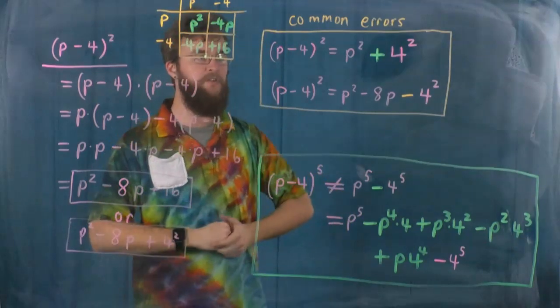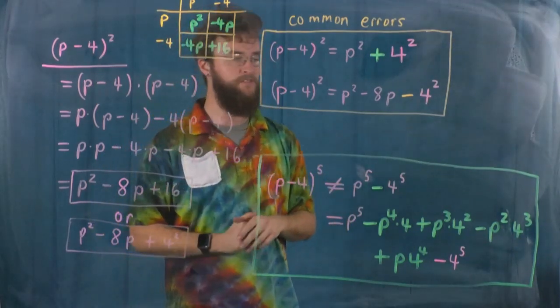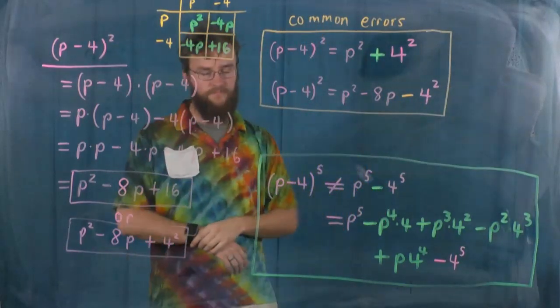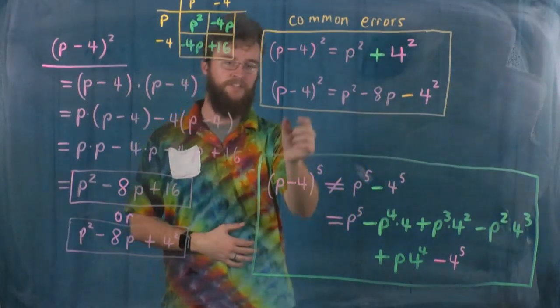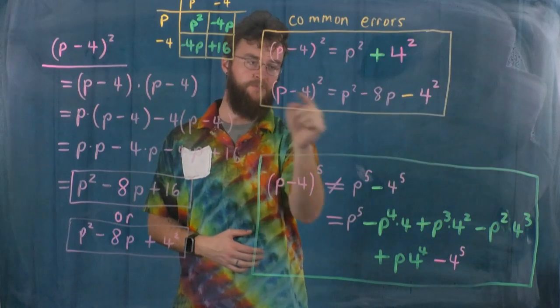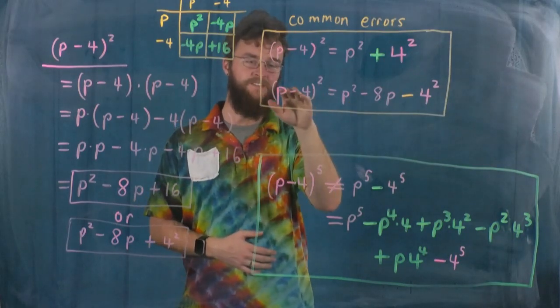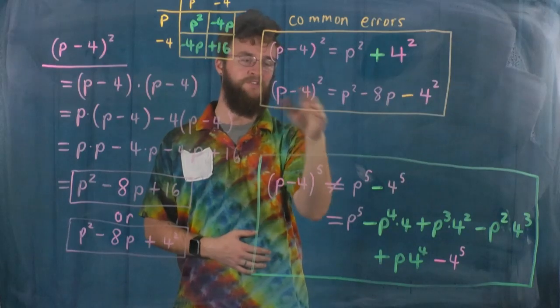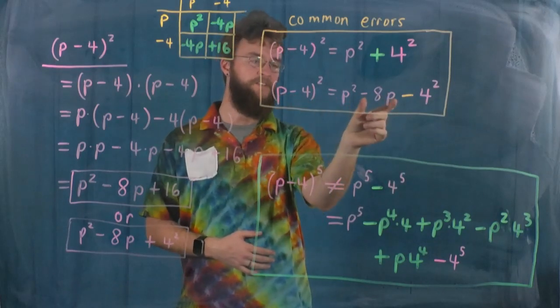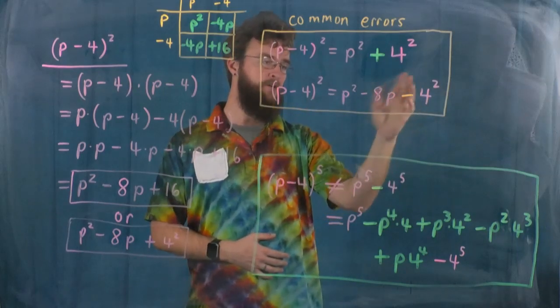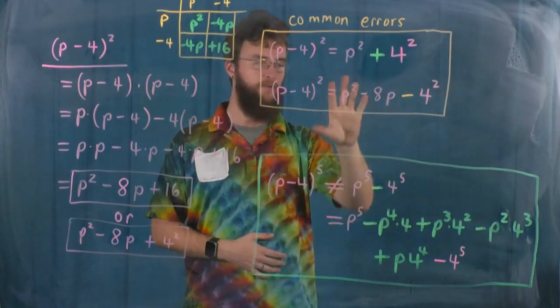Another similar error is these problems will switch a sign somewhere, usually this one here. Again, it's easy for your brain to think, oh, okay, well, we have p squared, we get p minus 4 all squared, we get a p squared minus 8p, and then minus a 4 squared. So, oh, but that's not what happens here.